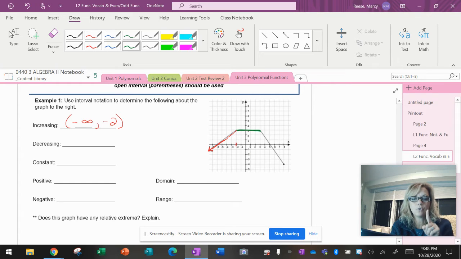But at -2, when it changes from increasing to constant, it is neither one or the other. That's why we put a parenthesis around it. Remember, parentheses are the notation where it doesn't include the endpoint. Brackets include it. So for these, we never use brackets.